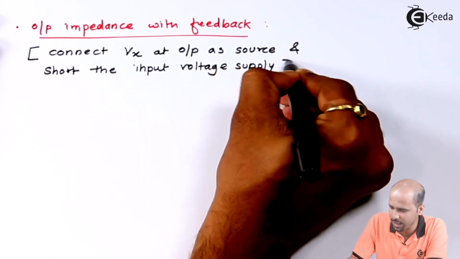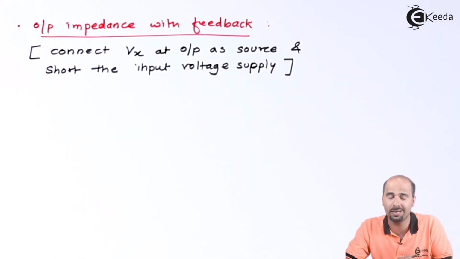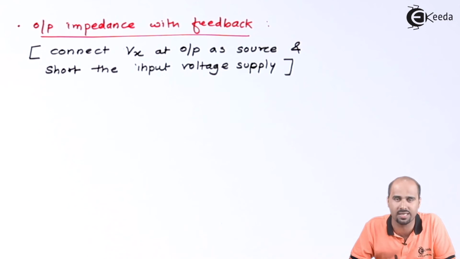So basically what I'm trying to do is close your input side and look at the output side. So I will connect the power supply at the output side with the name Vx, an arbitrary name. You can name it Vy, Vz, anything, right? I'm saying it's Vx, and the current flowing through that power supply is Ix.